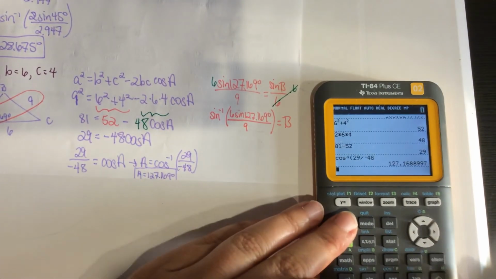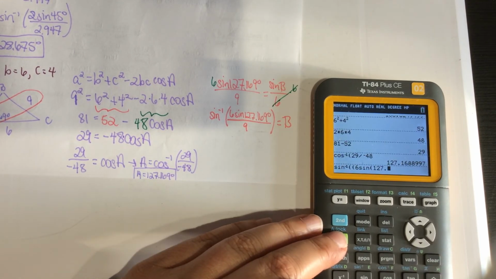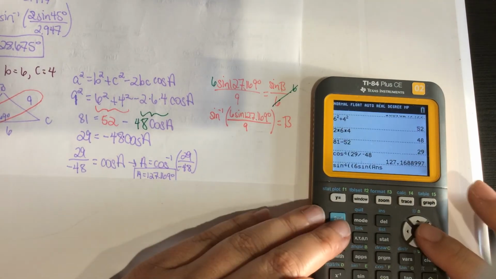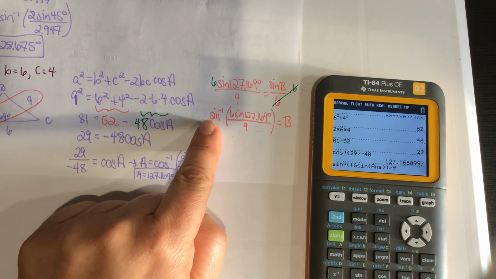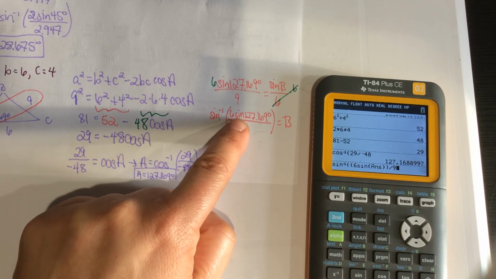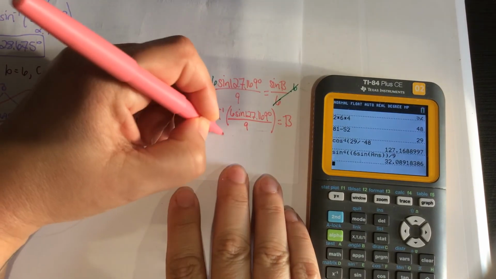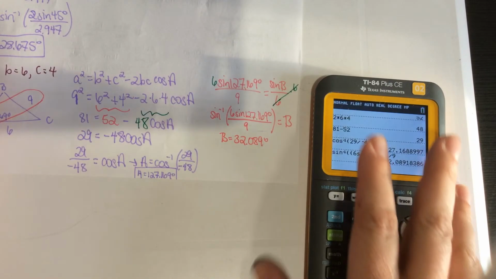Okay, and then I'm just going to punch that into my calculator. Sine inverse of 6 times sine of that angle divided by 9. So B is 32.089 degrees.